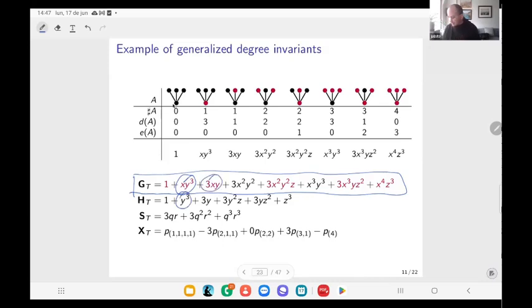So these are the terms that are going to give us the half generalized degree polynomial, and then I will have the subtree polynomial that we already computed, and then we have the chromatic symmetric function that we already computed. Okay. So I don't know if there are more questions.